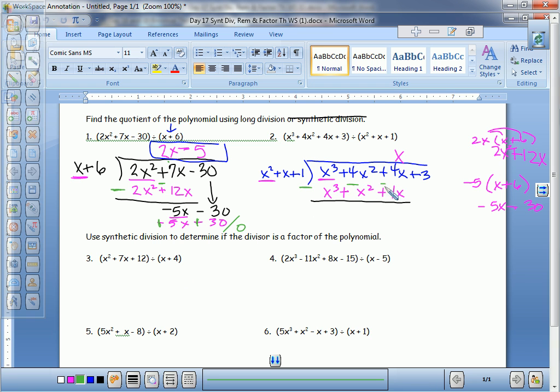Okay, so when we change signs, that's going to give us a 3x squared plus 3x, and then we have to bring down the plus 3.